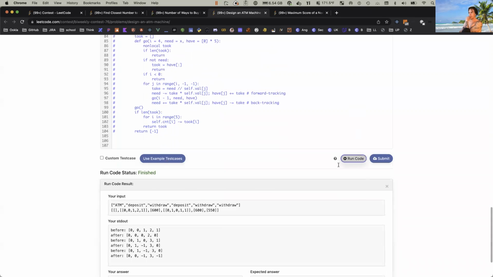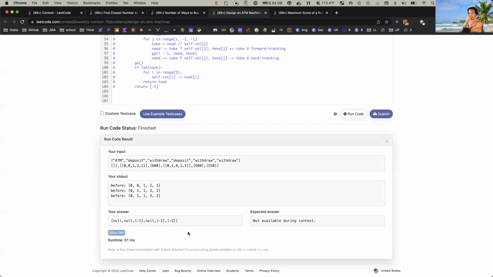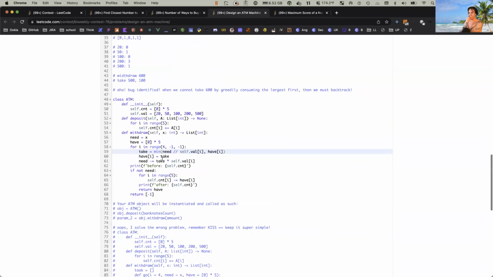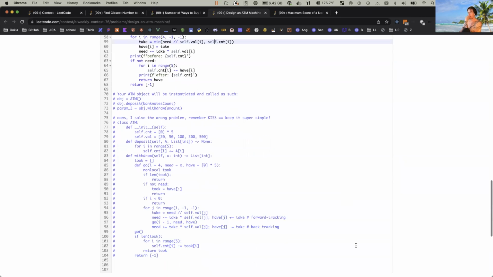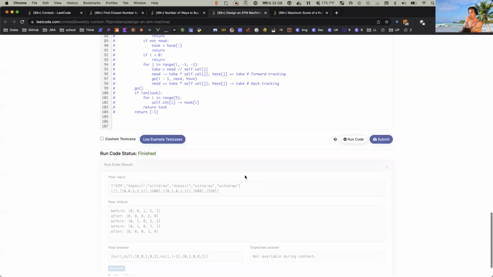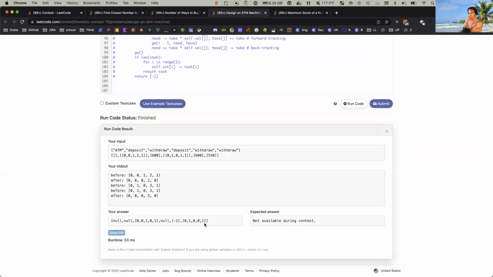Okay. Nope. Before and after what? Delta counts. Okay, that was right.